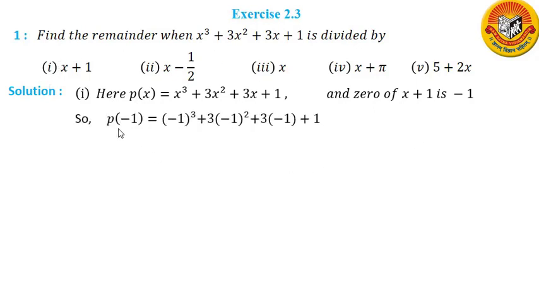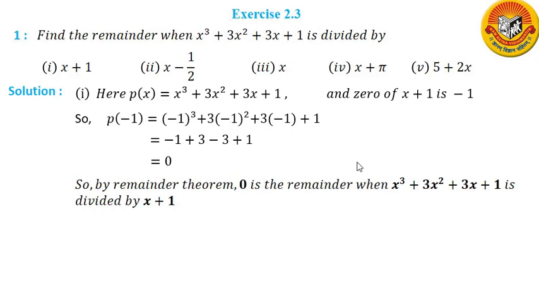So P of minus 1 will give me minus 1 cube plus 3 into minus 1 square plus 3 into minus 1 plus 1. After simplification, I get the answer as 0. So I will say that by the remainder theorem, 0 is the remainder when x cube plus 3x square plus 3x plus 1 is divided by x plus 1.